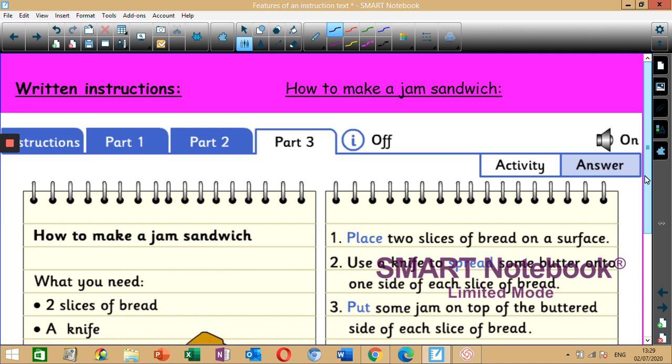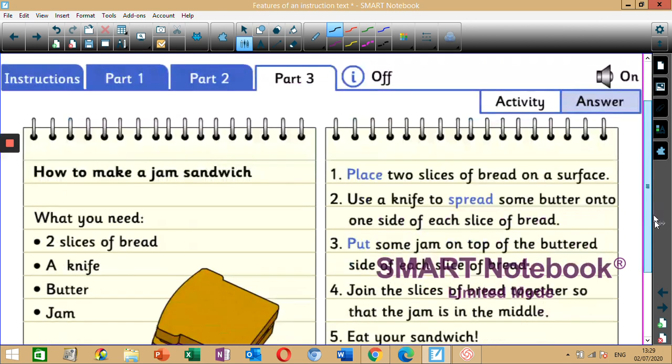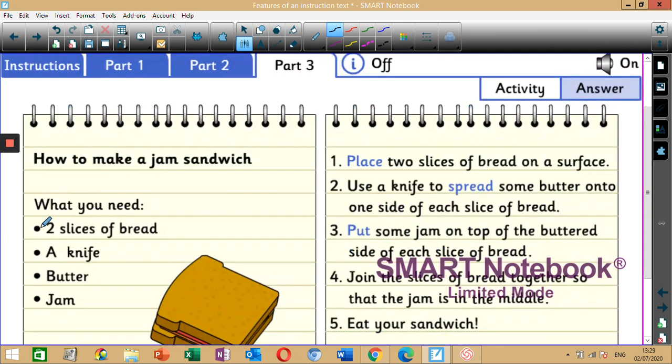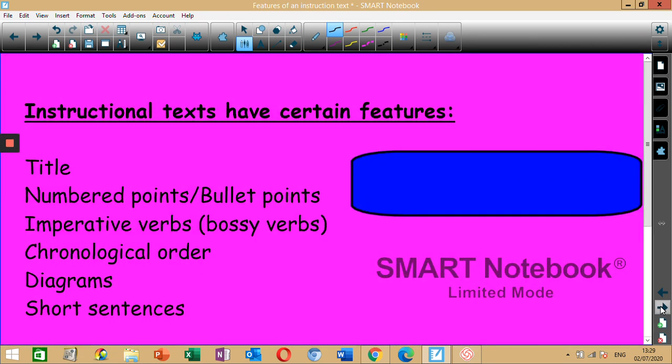So over here, when it says what you need, the ingredients that we need, we can see bullet points. And over here, when they're going through the instructions, we have numbers. So numbers make it easier for us to follow it step by step.